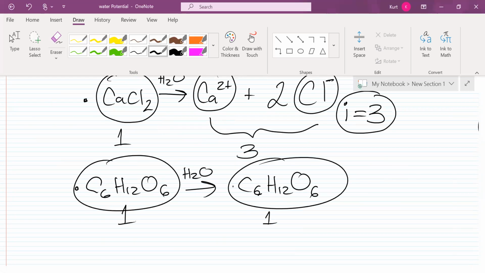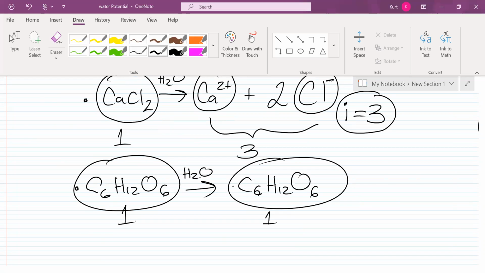Hear me now, 6th period. All sugars, I don't care what, glucose, sucrose, maltose, lactose, galactose, chitin, glycogen, peptidoglycan, amylose, I don't care. Whenever you are trying to ionize a sugar, it's going to be 1. The ionization constant is always 1. Because you don't hear ion when you talk about a molecule.